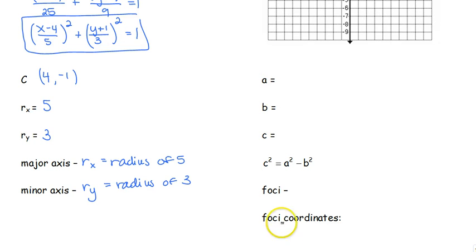Now we have some other information we have to figure out. We've got an A, B, and C value. It's not what you typically would think as your A, B, and C. A is the major axis radius. B is the minor axis radius.